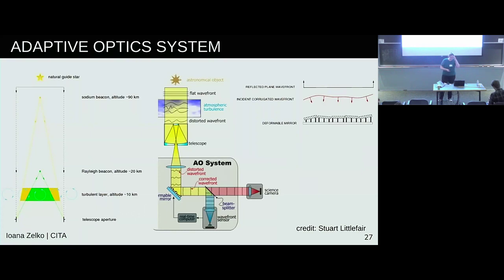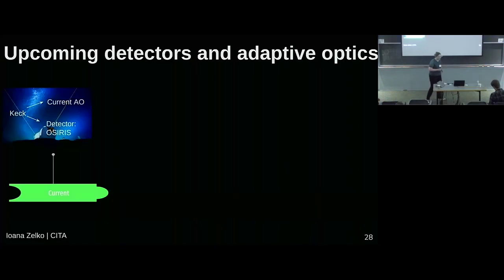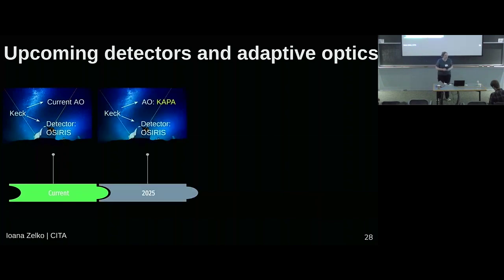So I will be talking about upcoming improvements that have to do with both AO upgrades, but also detector upgrades. Right now at the Keck telescope, we have the current detector and the current AO system, but we are going to see soon the KAPA adaptive optics system installed, which is being commissioned at the end of 2024, and is probably going to be giving data in 2025.